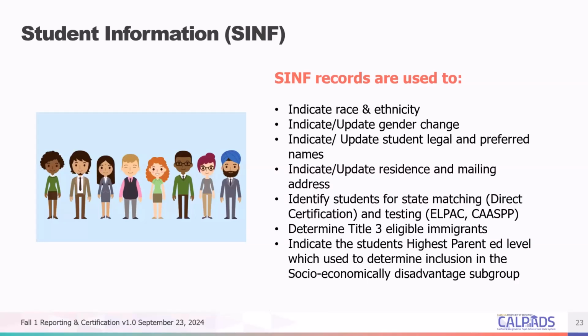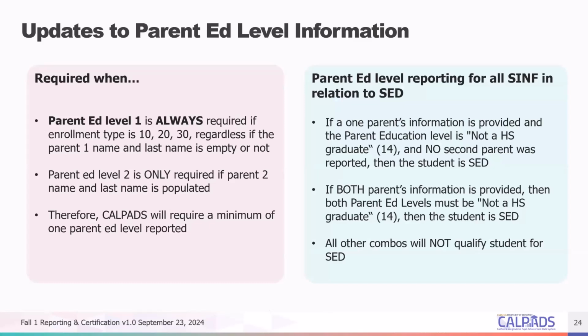So speaking of that, the only way a student qualifies for SED based on parent education level is if the parent is not a high school graduate. That's code 14. If both parents are not high school graduates, the student is also included.